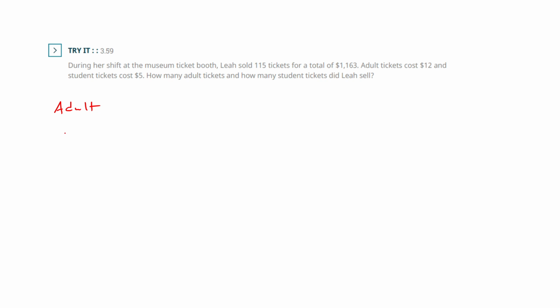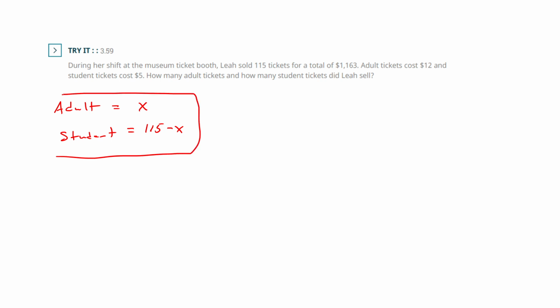So I've got adult and I've got student. All right, so once again, they haven't told us how this breaks down, so we can do this either way. I'm going to say adults is the unknown. Now, if she had a total of 115 tickets, that must mean we could build student off of this by taking the total number.